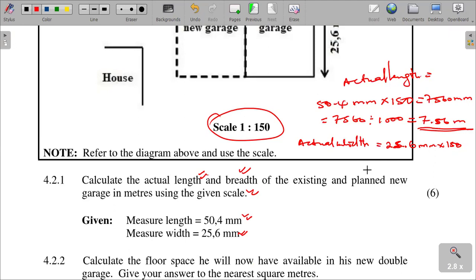And then it is going to give us 3,840 millimeters. And then we need to give the answer in meters. 3,840 divided by 1,000 is going to give us 3.84 meters. Then it is done.